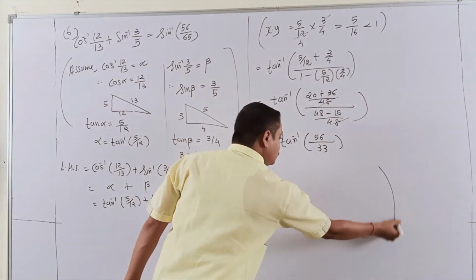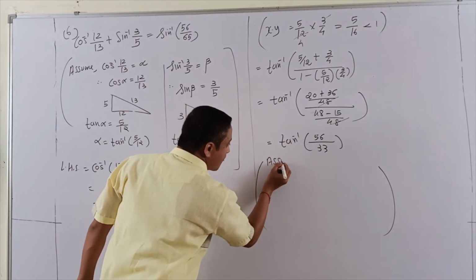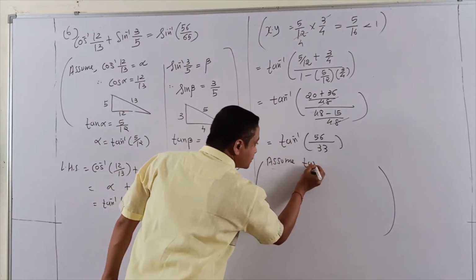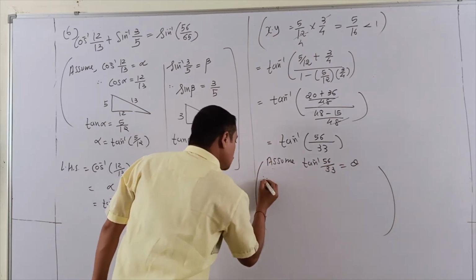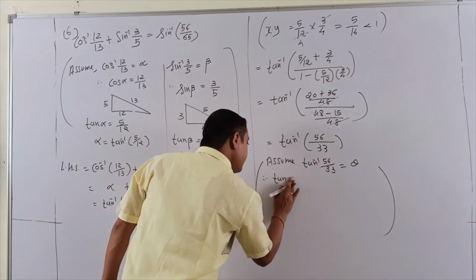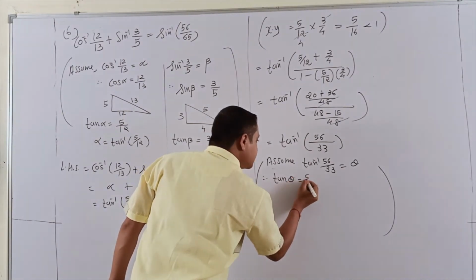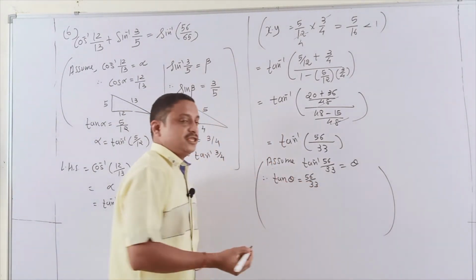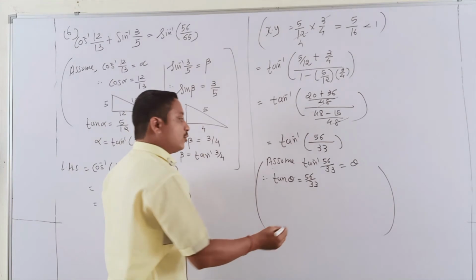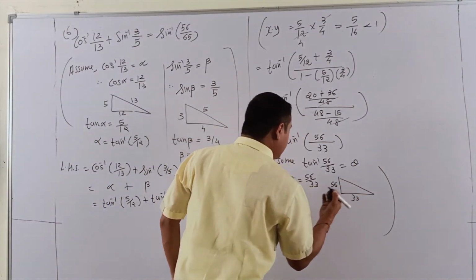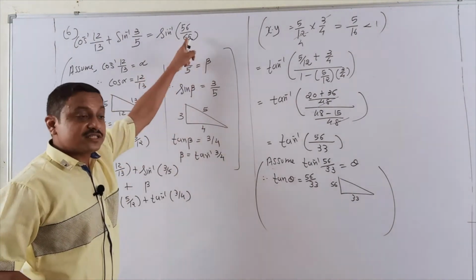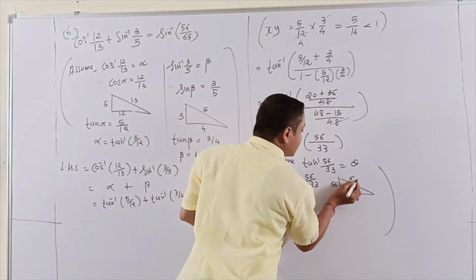So here, assumption. Assume tan inverse 56 by 33 is theta. So what is the tan theta? Yes, 56 by 33. This value. And operate on the triangle property. Here 56, here 33. Definitely students, the next value is 65.